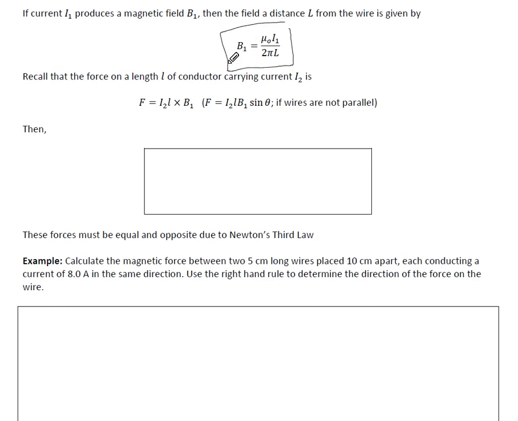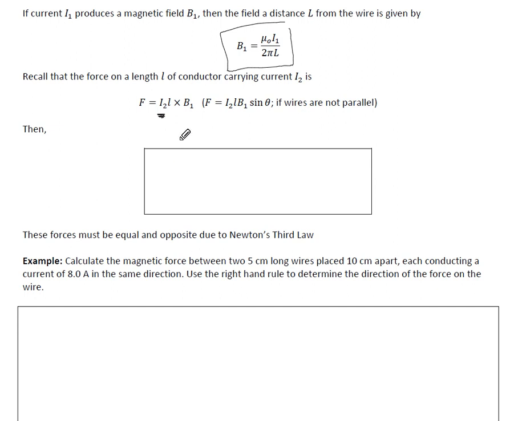We said the first wire creates a magnetic field. We'll call that B1. And the magnitude of the magnetic field is going to be mu0 I1 divided by 2 pi L. So the force that the second wire experiences is going to be the current traveling through that second wire multiplied by the length of the wire that's inside that B1.